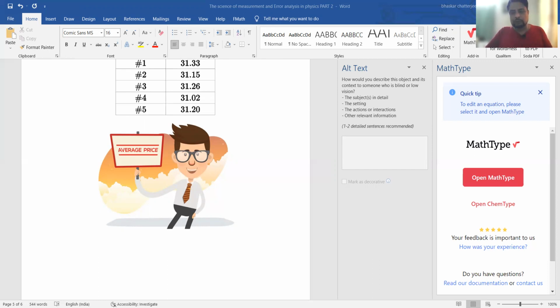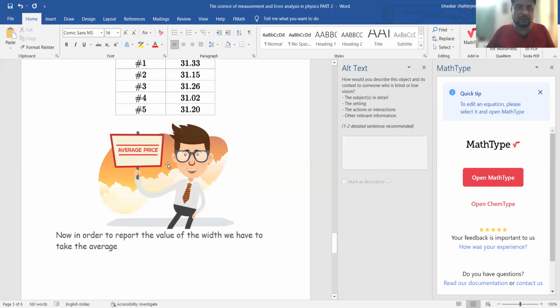So now what we need to do, we have to report our value, the result of the measurement. In order to report the value of the width, we have to take the average.